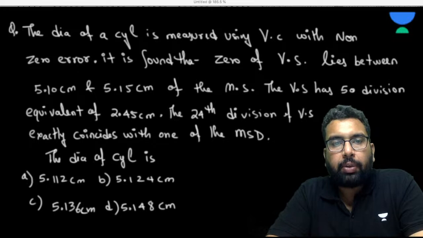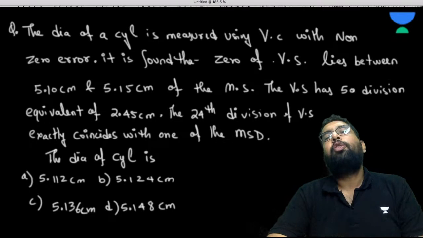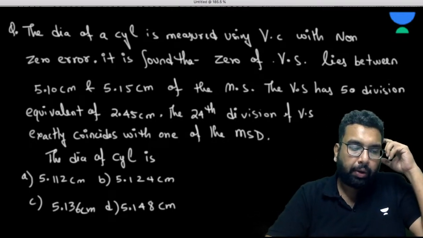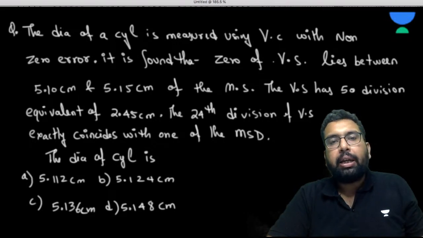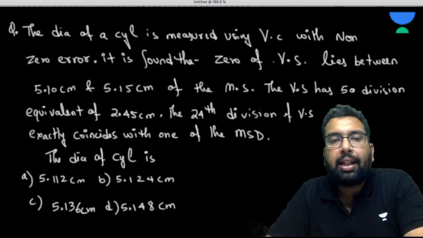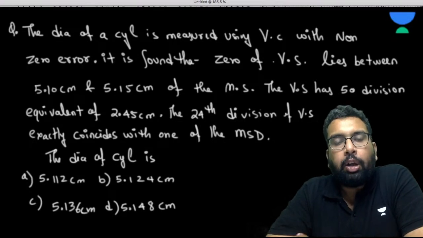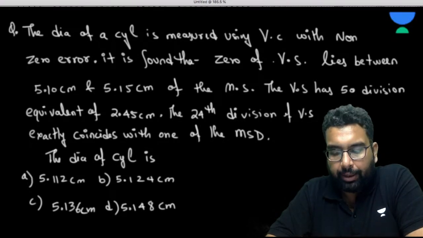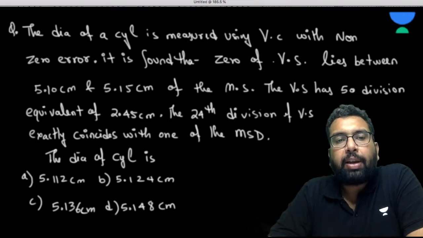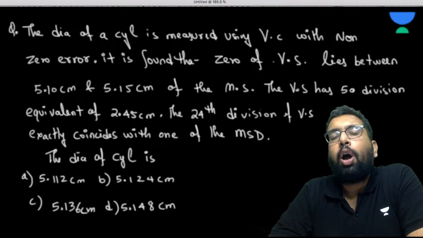So how can we do this question? It says the dia of a cylinder is measured using a Vernier caliper with non-zero error. It is found that the zero of the Vernier scale lies between 5.10 centimeter and 5.15 centimeter of the main scale.